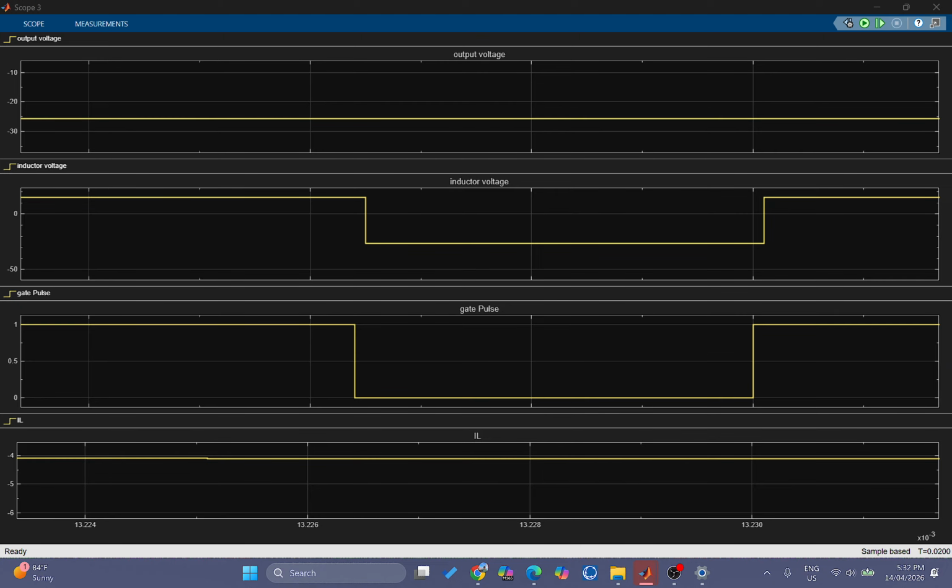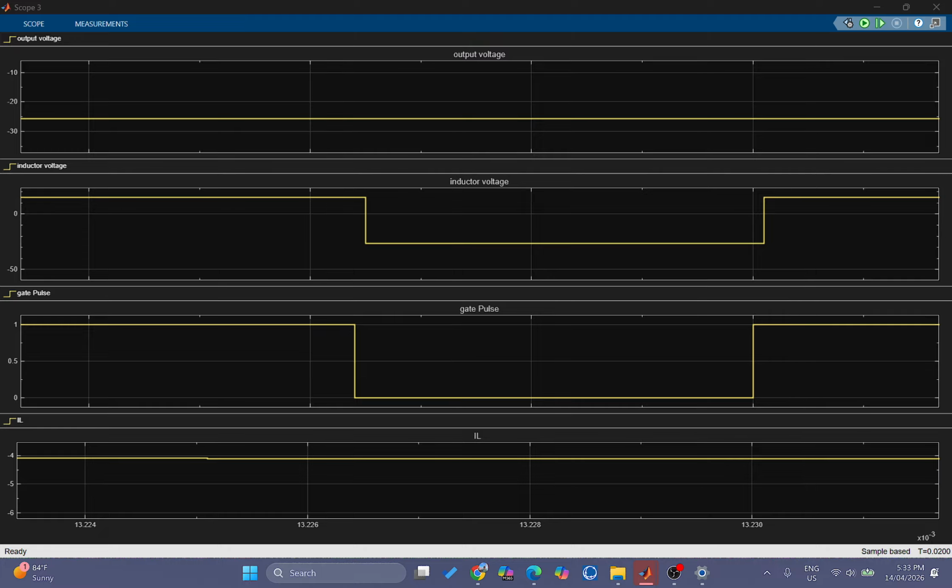Therefore, we can say that the inductor is in continuous current mode operation. So if it stays above zero, we can say that the design is correct.